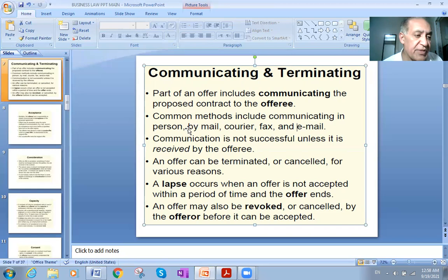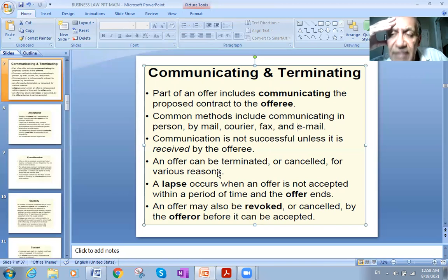So this was the first point. Then we'll talk about how communication is not successful unless it is received by the offeree. Communication is the transfer of information from the seller to the buyer, from the sender to the receiver. The sender is the offerer, and the receiver is the offeree.